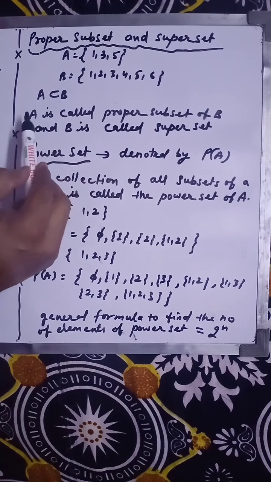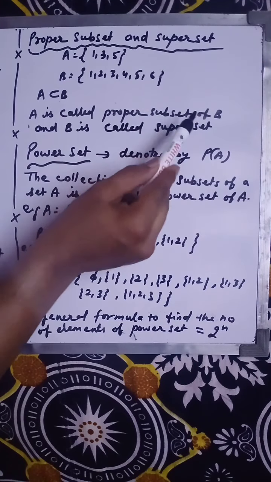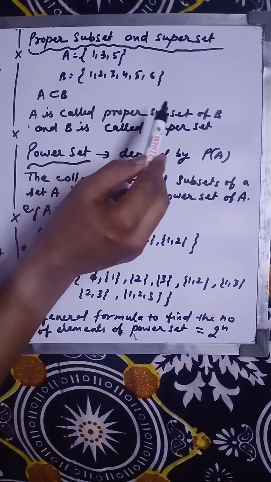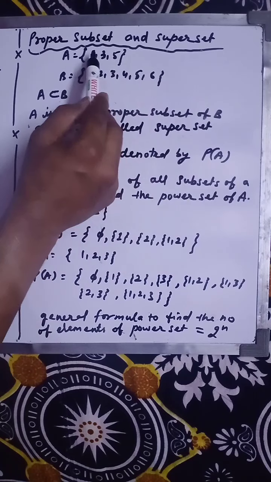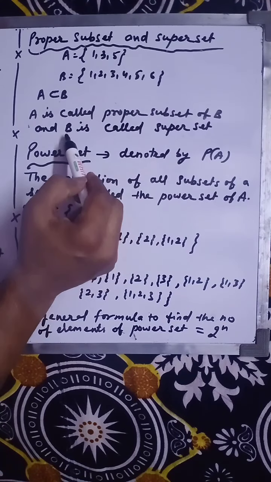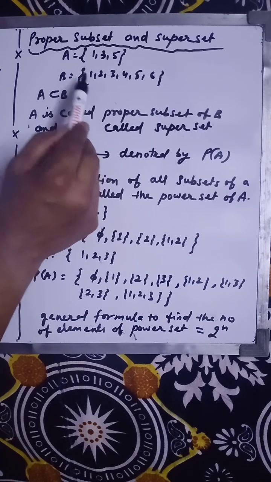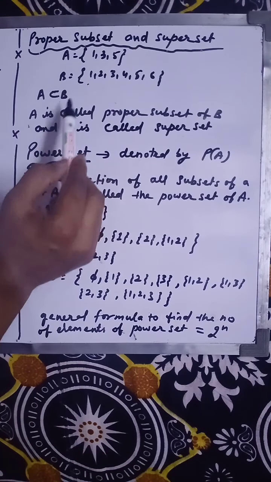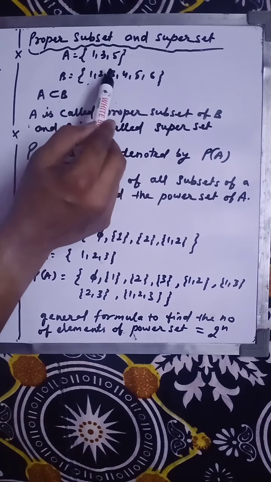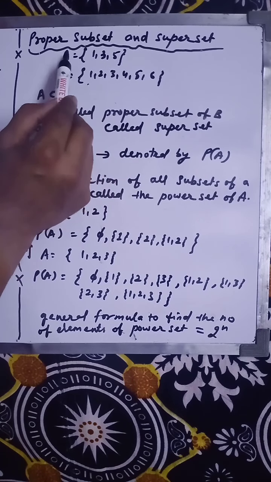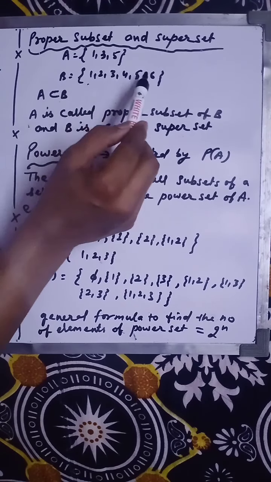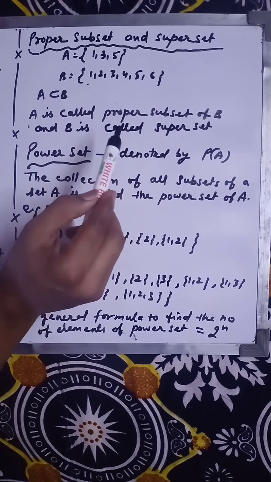Then A is called the proper subset of B, and this B is called the superset. Got it? If every element of A is coming in B, then A is called the proper subset of B and B is called the superset.